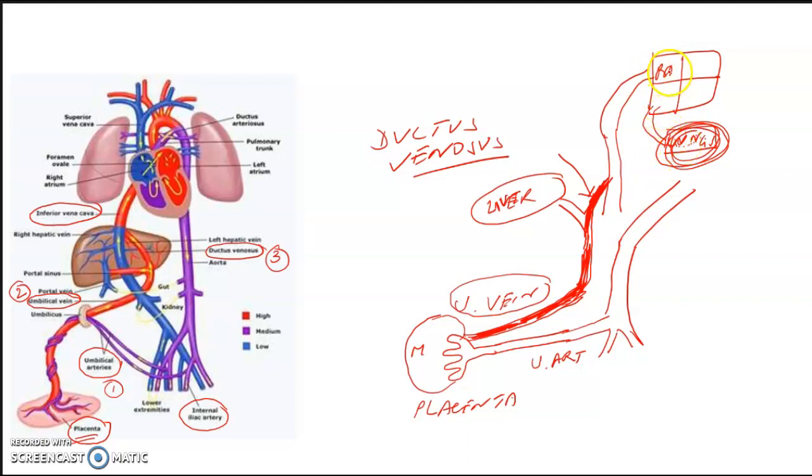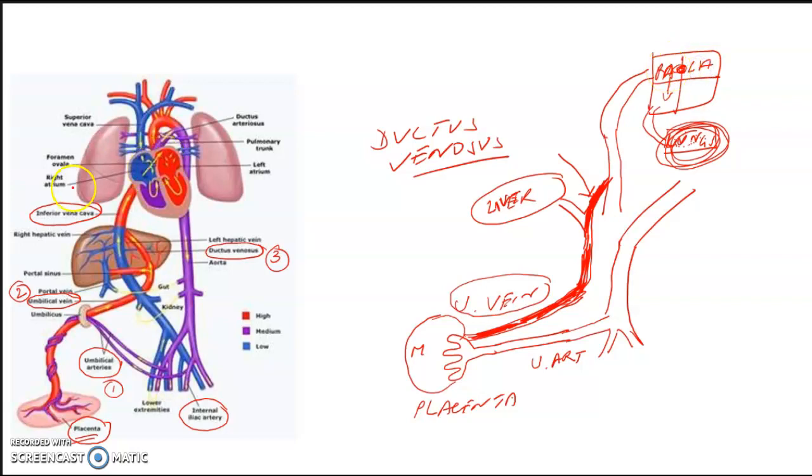So if the blood flows here, will it be able to go through the lungs? Answer is no, absolutely not, because the lungs are filled with fluid. So absolutely the blood cannot pass through. Instead, there's a hole in here from the right atrium into the left atrium.